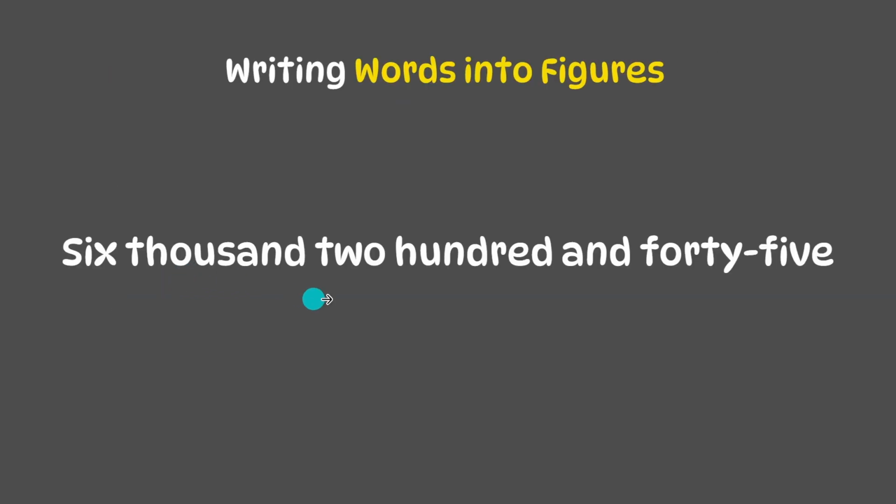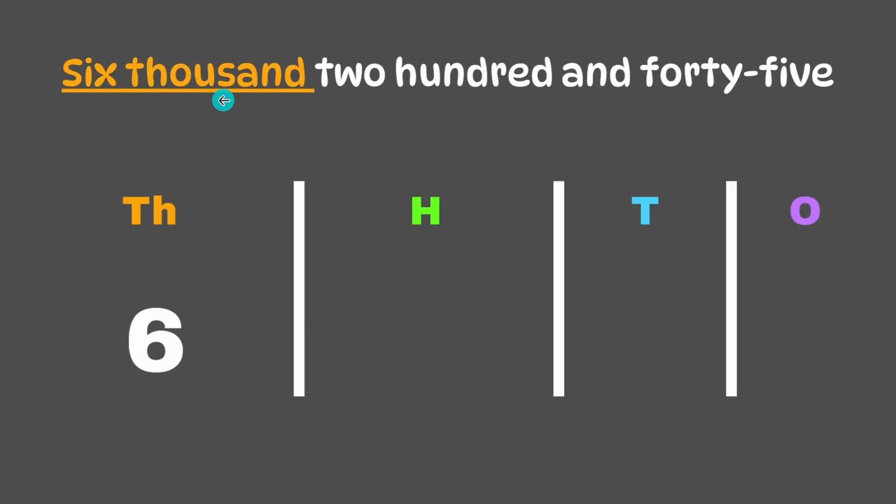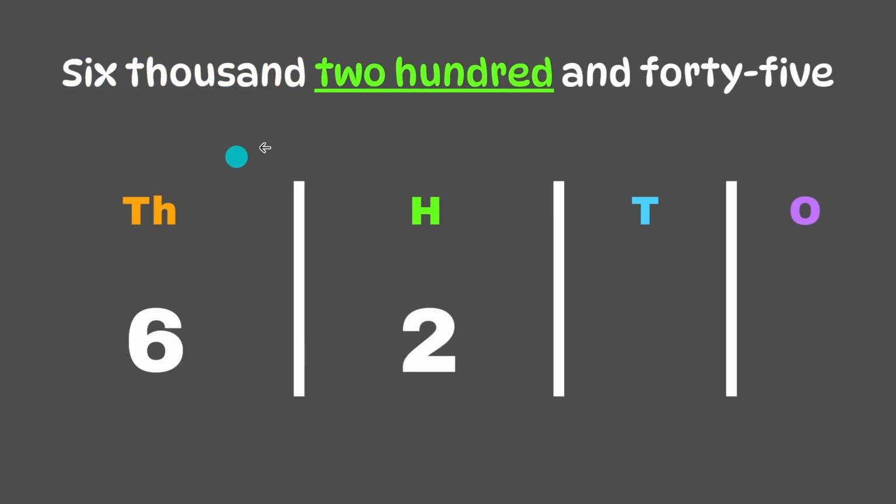Now here we are given a number that is written in words, 6,245. To write this number in figures, we will fill the place value chart step by step. So here we have 6,000, so the digit in the thousands place will be 6. Next we have 200, so the digit that will go in the hundreds place is 2.